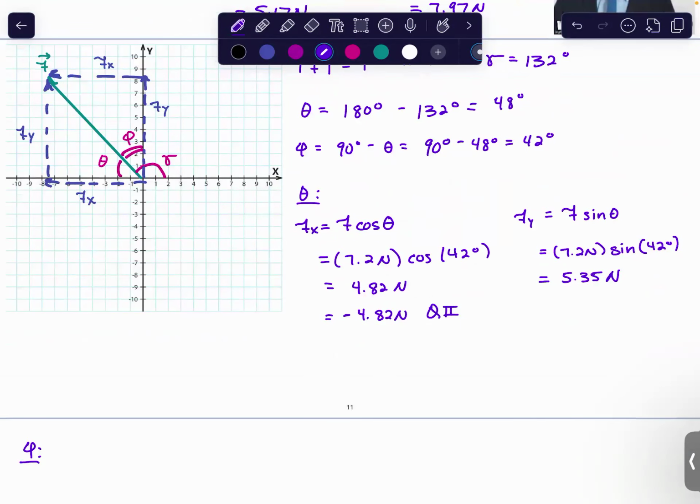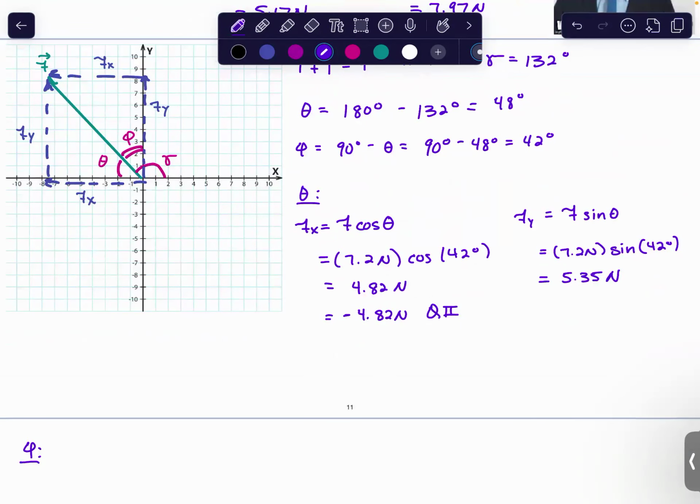We solved for phi, and that gave us 42 degrees. When we calculate this, we get the same 4.82 newtons, but it's in the second quadrant, so we have to make that a negative 4.82 newtons. And so then, since the x component got the sine function, the y component has to get the cosine function.